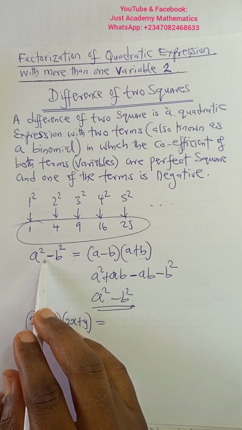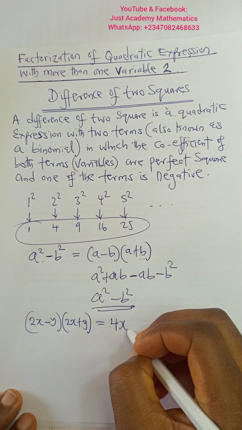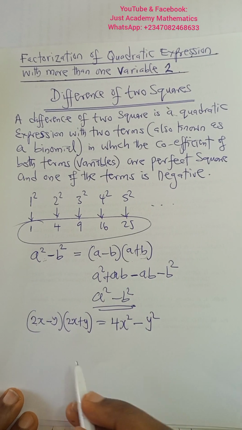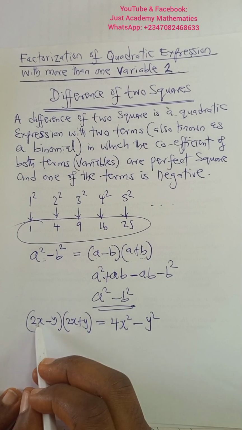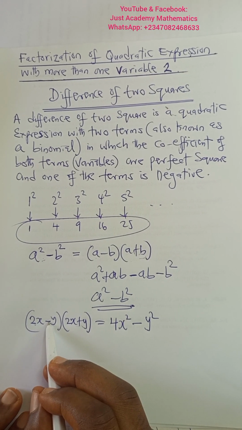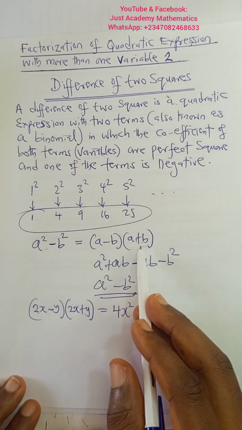I can present it in this form by just squaring this one. That is 4x square minus y square. That is the meaning. So you don't really need to open the bracket again. Just square 2x, which is 4x square, then minus y square. If you have it like this, you can present it here.